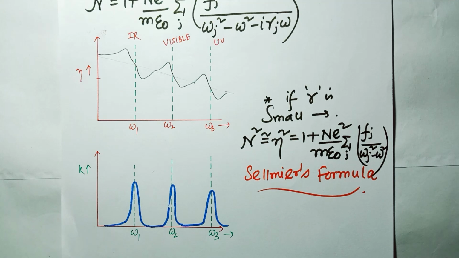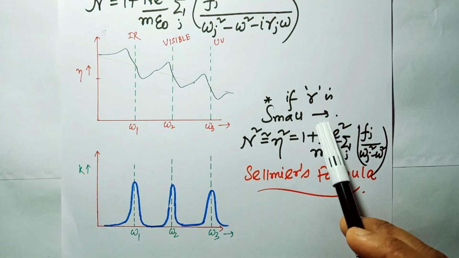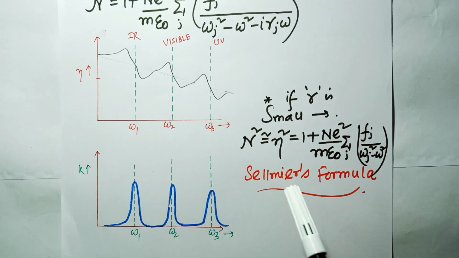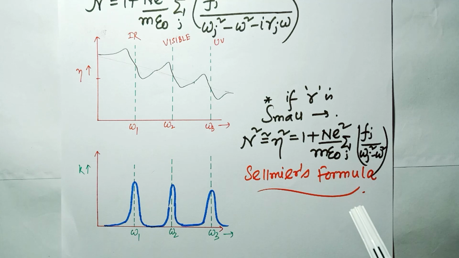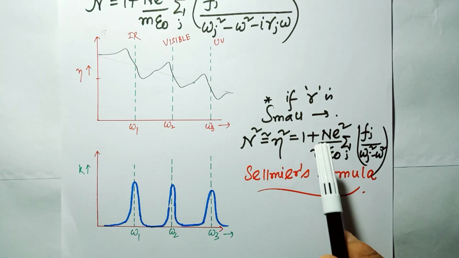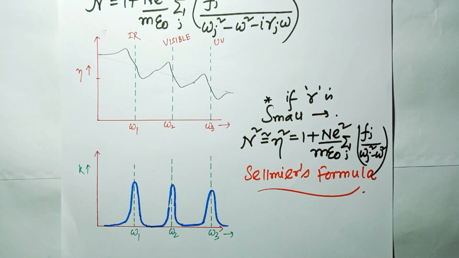Now if within some specific frequency range the damping coefficient gamma is small, it can be neglected, and the refractive index gets a real value.